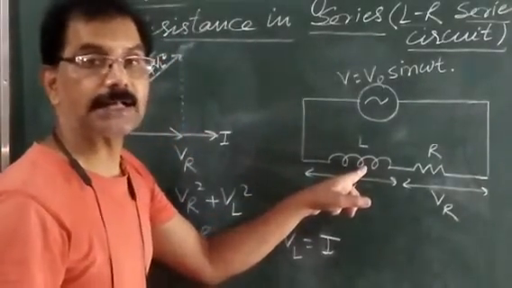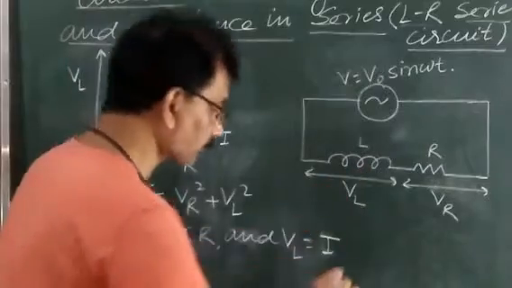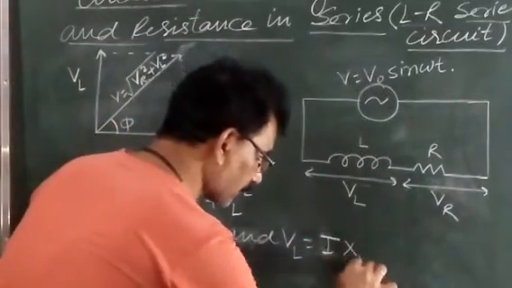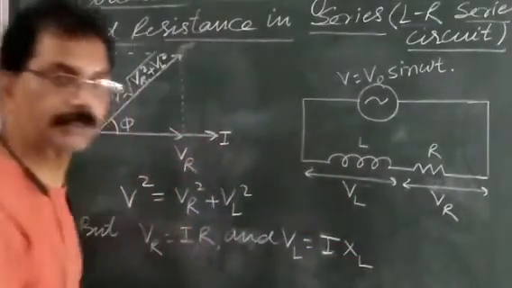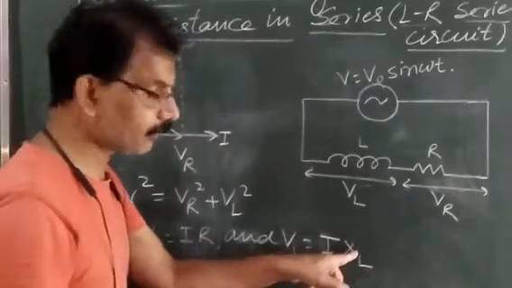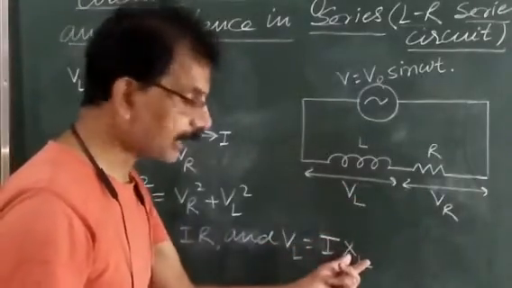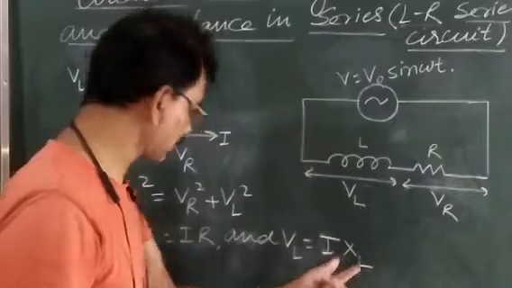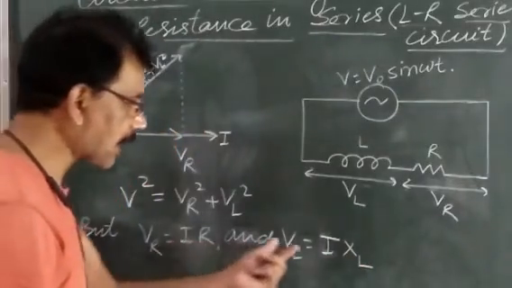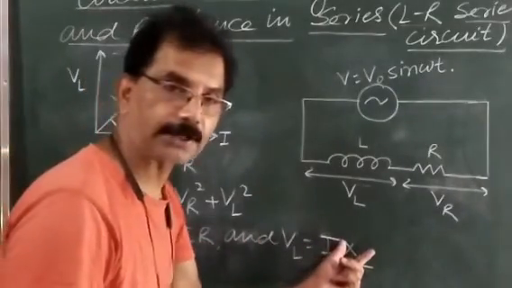That is called inductive reactance and is denoted by XL. The inductive reactance plays the role of resistance in the inductor. So we can write VR equals IR and VL equals I into XL.